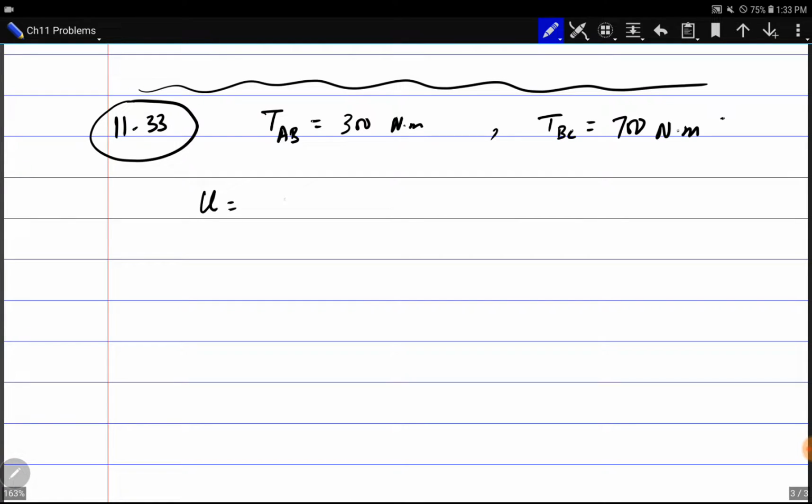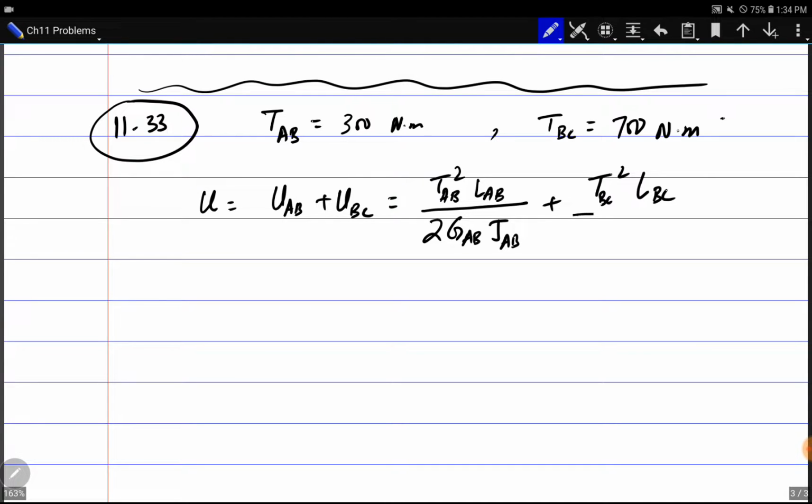Total U is equal to UAB plus UBC, which is equal to TAB square, length of AB divided by 2 G of AB, J of AB, plus TBC square, length of BC, divided by 2 G of BC, J of BC.